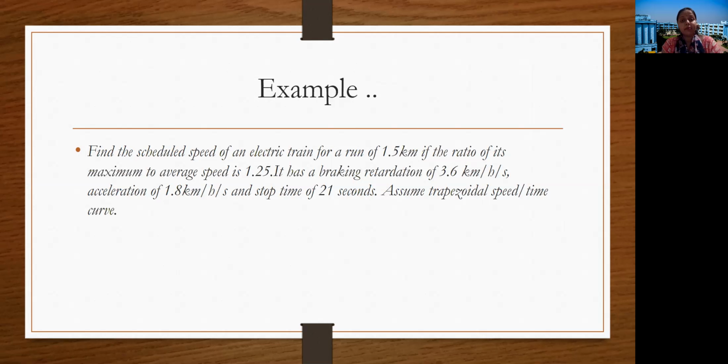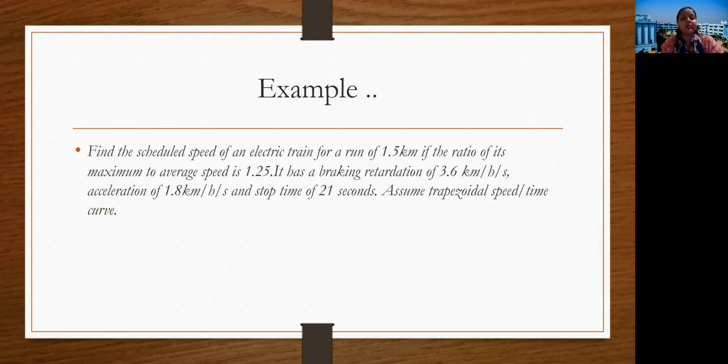The problem is, find the schedule speed. You are being asked to find the schedule speed of an electric train for a run of 1.5 kilometer, so the total distance is 1.5 kilometer, if the ratio of its maximum to average speed is 1.25. It has a braking retardation of 3.6 km per hour per second, acceleration of 1.8 km per hour per second, and stop time of 21 seconds.